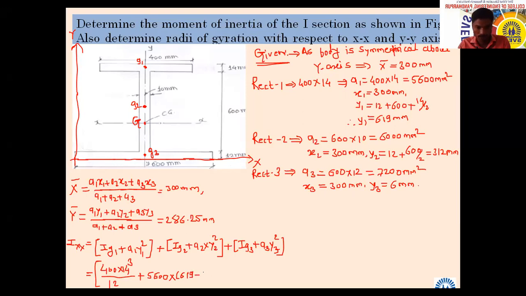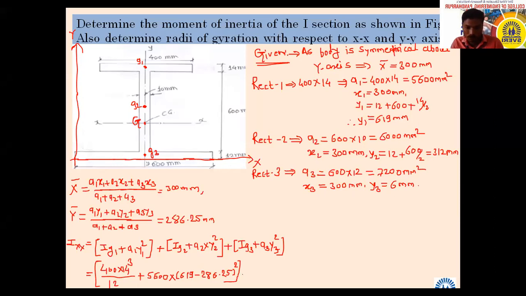Very good. 286.25 whole squared. This is one term.